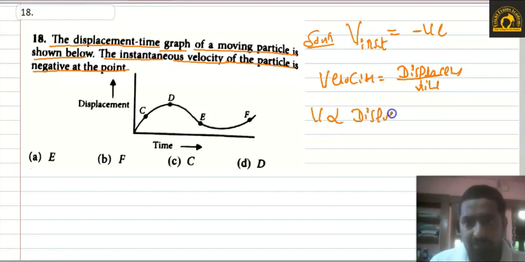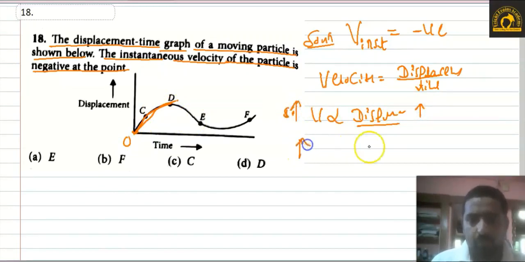Both are directly proportional. So from O to C and D, the displacement increases, and the velocity increases. Both increase proportionally, which means it is positive.